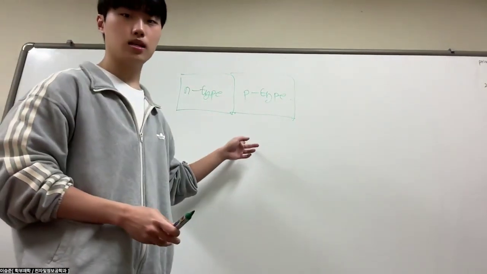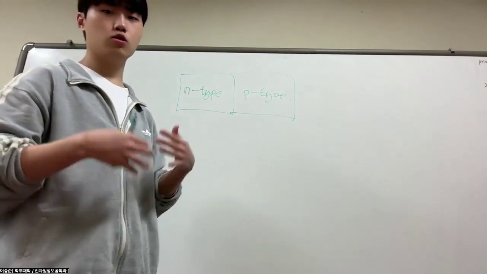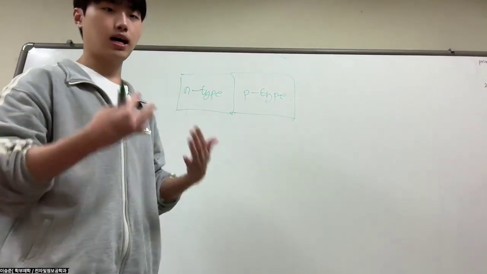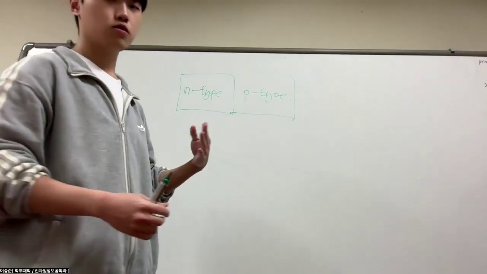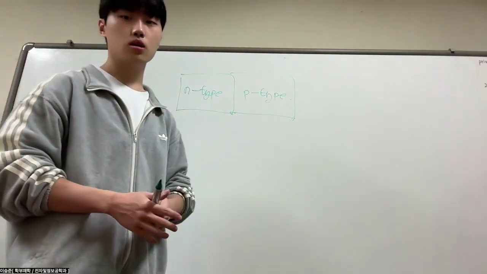This is a simple way to explain what a diode is. So we have to explain what a PN junction is.